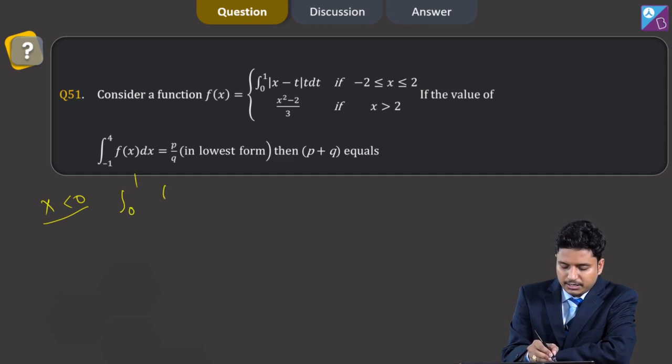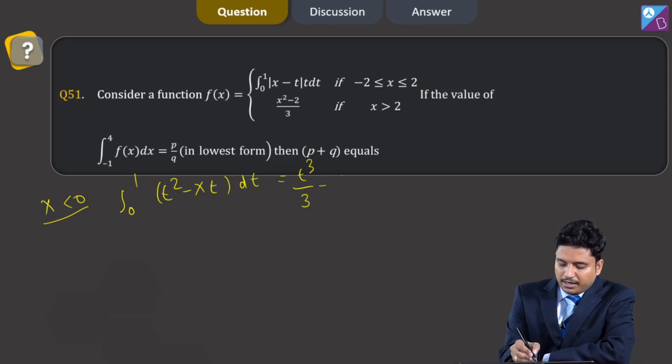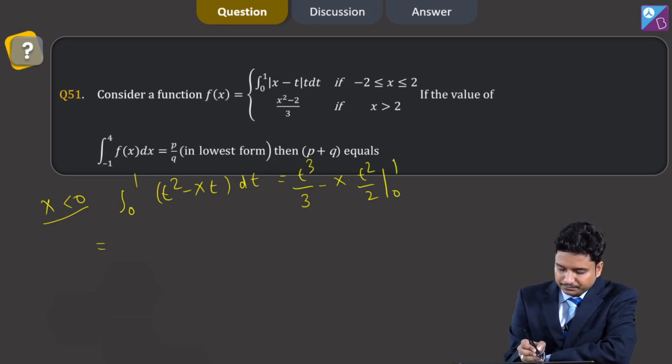So it is t square minus xt dt. So this will be equal to t cube by 3 minus x into t dt's integration is t square by 2 from 0 to 1. If we put 1, what we will get? We will get 1 by 3 minus x by 2.